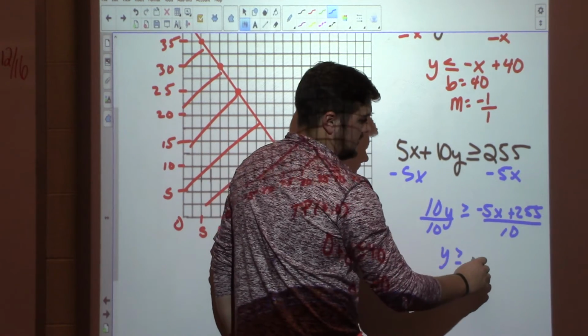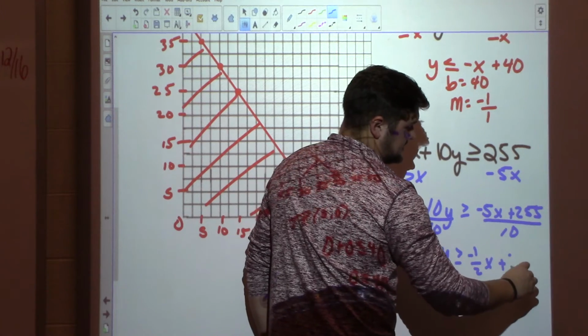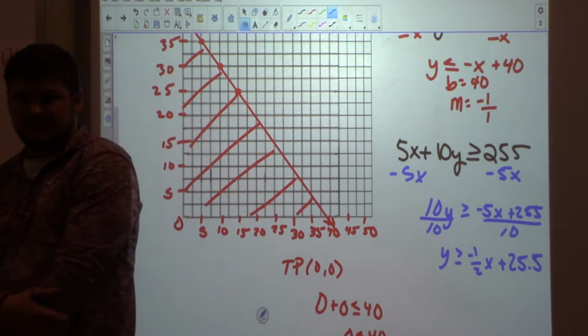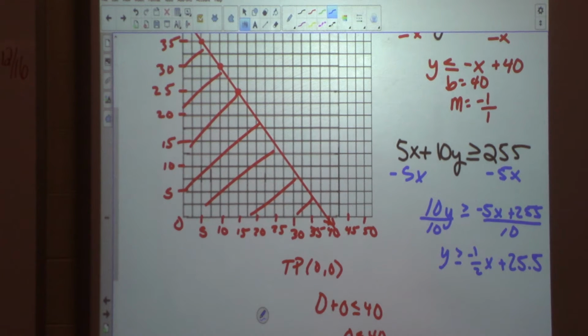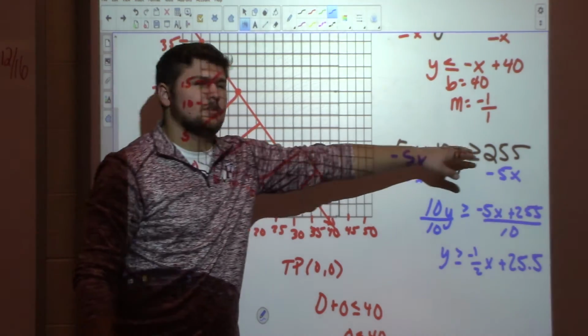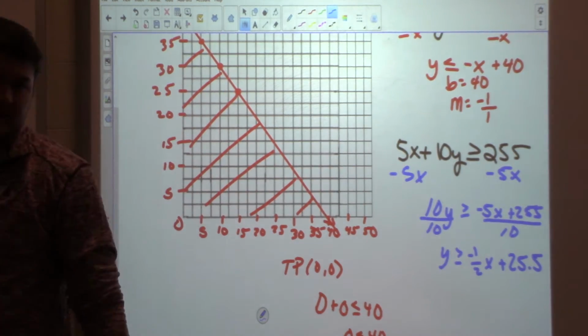Y greater than or equal to negative 1/2 x plus 25.5. Can we keep it at negative 5/10? You could leave it as negative 5/10 for your scale reasons. When you write your answer, if you have that written out already, that's good, and then when you change it, you can leave it as negative 5/10. I'll give you that.